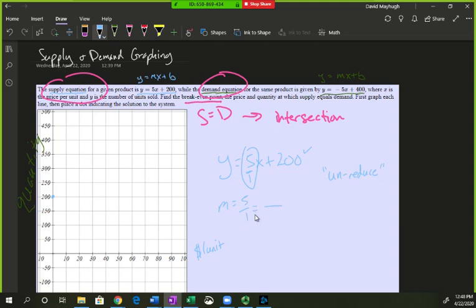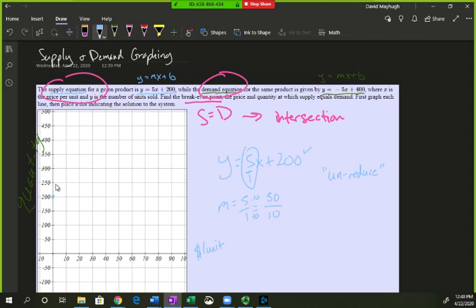So to unreduce this, I'm going to multiply by 10 over 10, because 10 over 10 is really 1, so multiplying by 1, to make it look like 50 over 10, which would represent 50 more units for $10 in price per unit. Now that I can graph. So back at 200, I can now go up 50. Oh, right there, easy.